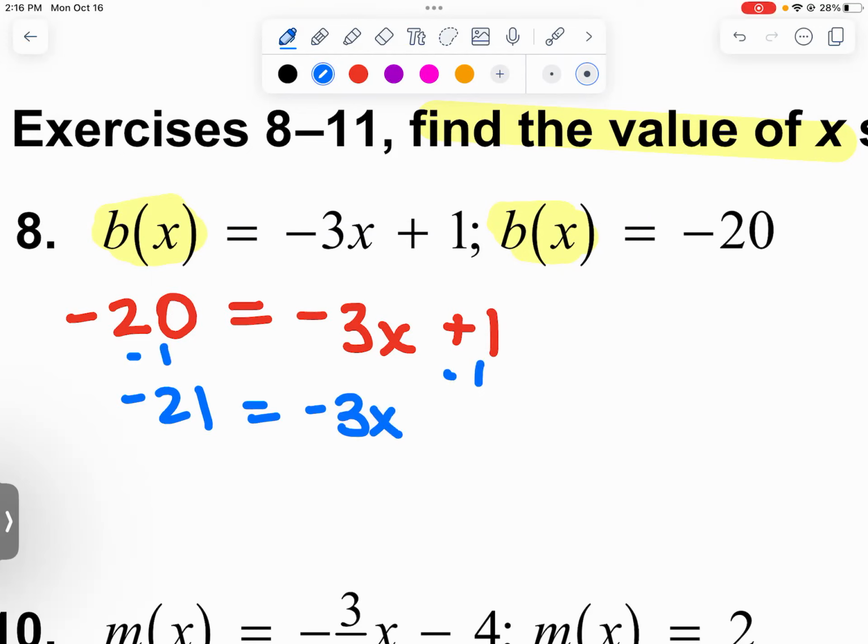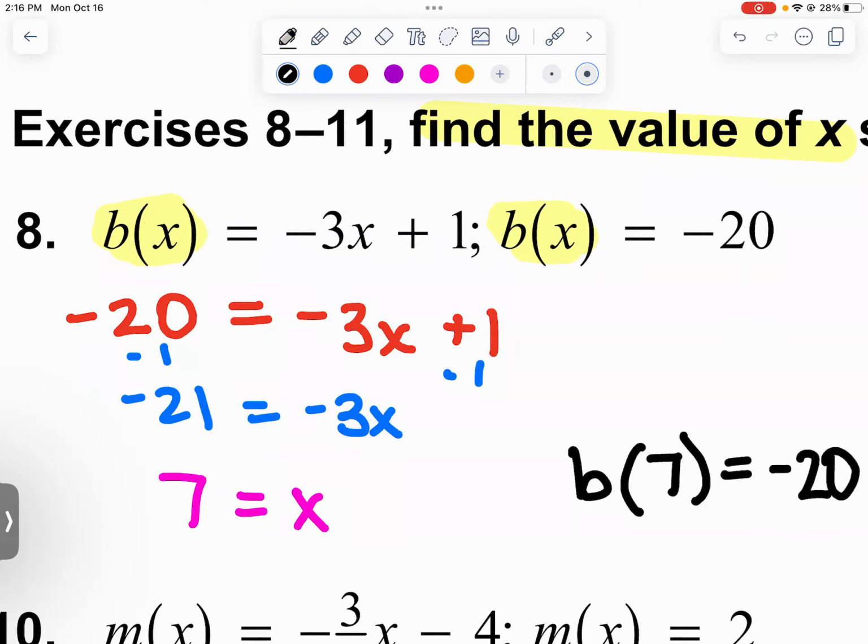And now we can divide by negative 3. Okay, so what does this mean? X equals 7. This means B of 7 equals negative 20. That's what we solved for.